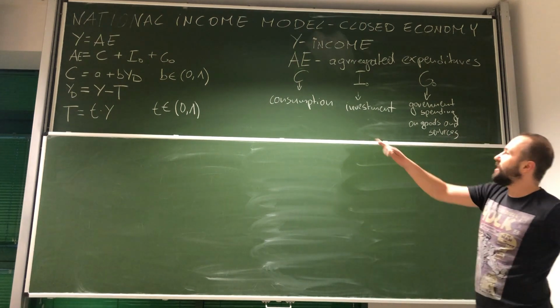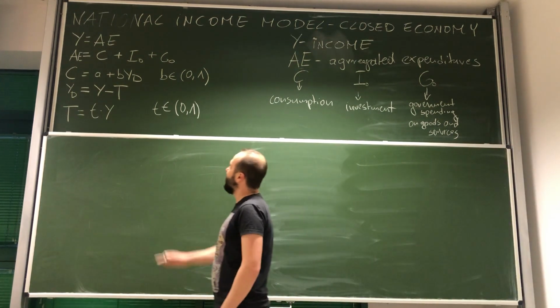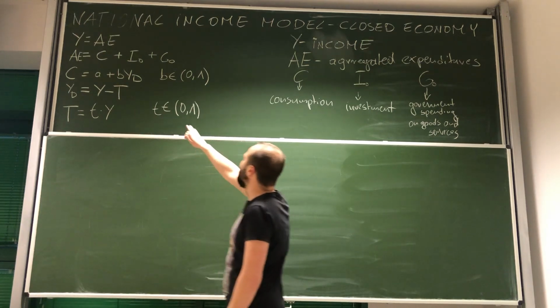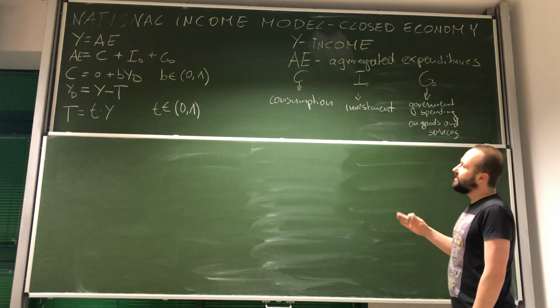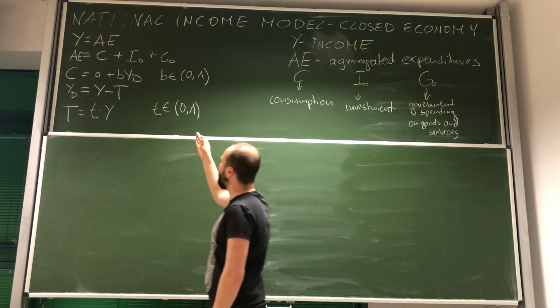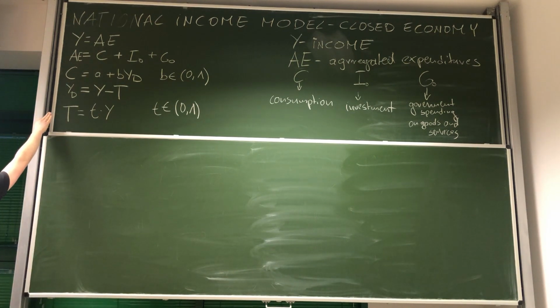Look, in equation 3, we see that consumption is equal to A plus B times YD. So maybe let's just start by explaining what is YD. Of course, we see the explanation below, right?